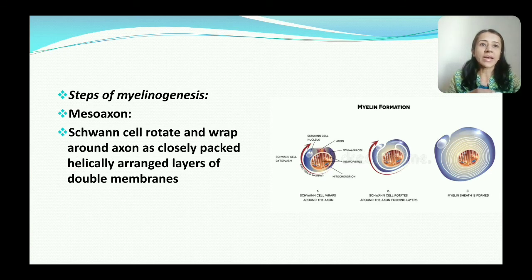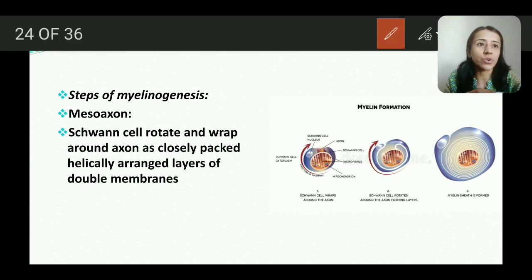Now you can see the steps of myelinogenesis here. Myelinogenesis starts with the growth of the Schwann cell. The Schwann cell membrane starts growing and forms multiple concentric layers around the axolemma. Mesaxon is the cell membrane of the Schwann cell surrounding the axon that is connected to the remaining cell membrane. You can see here, this is the mesaxon.